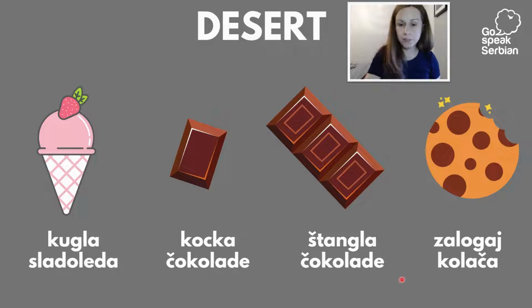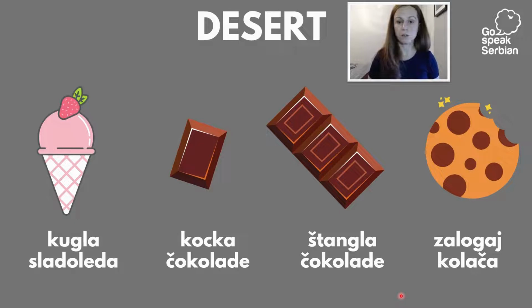What's interesting about the words that we have on this slide is that two words actually come from the German language, and in Serbian we have lots of words of German origin. So if you've studied German or you are a German speaker, you shouldn't be surprised to find many similarities between some words.